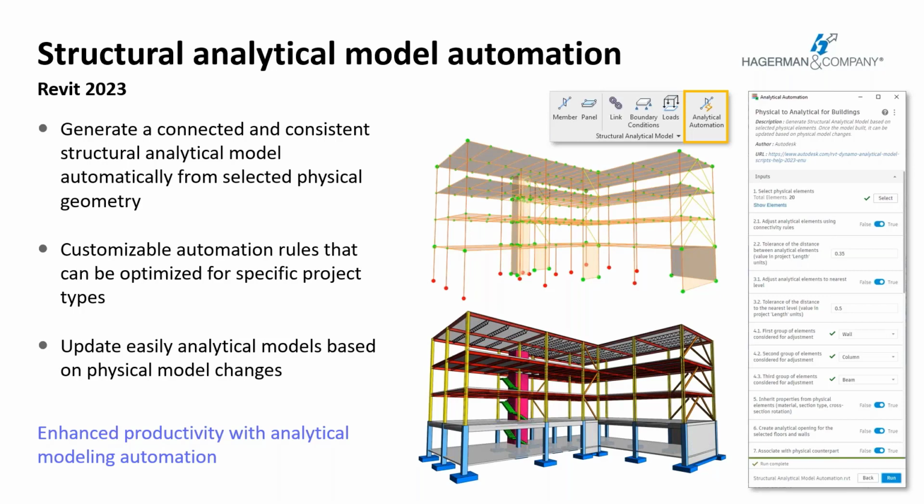You can designate a first, second, and third priority element hierarchy. This is useful, for example, when prioritizing column locations over beam locations. First priority elements are the master elements, meaning that second and third priority elements will snap to them. Likewise, third priority elements will snap to first and second priority elements. So some nice improvements there.